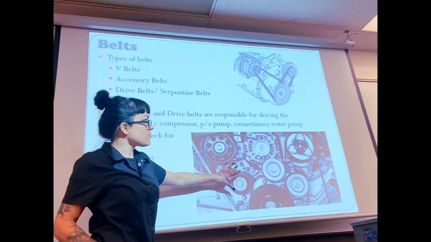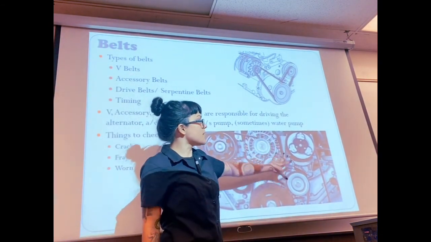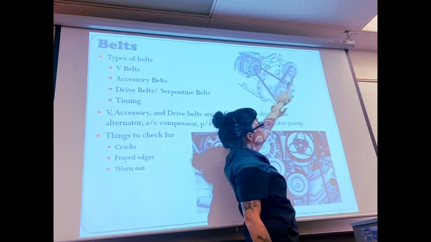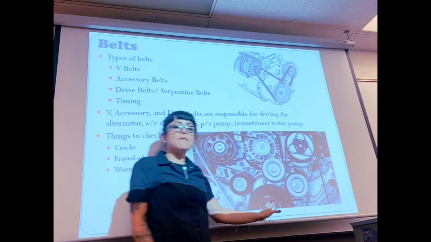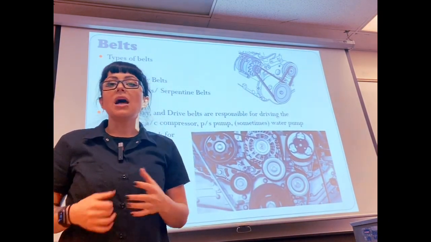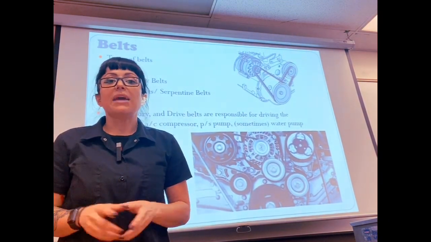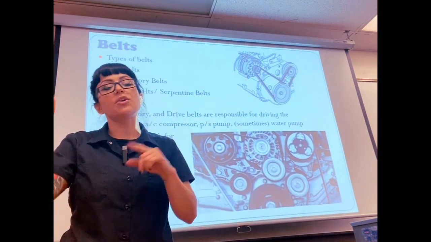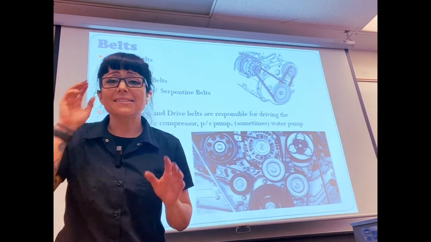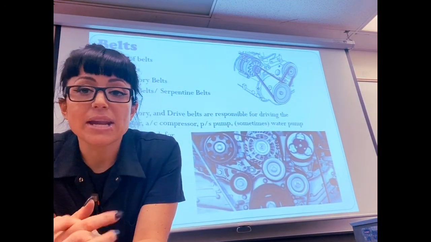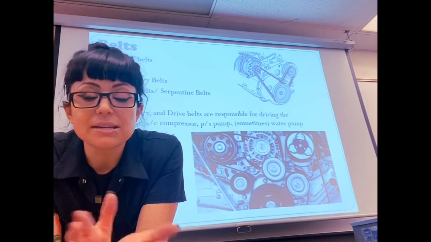So this whole setup is the front of an engine that we're looking at here. This is also the front of an engine. Down here at the bottom, we always have our crank pulley. Our crank pulley is the big fat pulley at the bottom on the front of the engine. From there, we're going to use all the power that comes from that crank pulley to turn everything else. An accessory system means that I've got a different belt for something different.